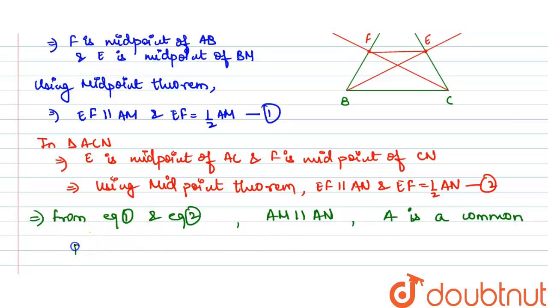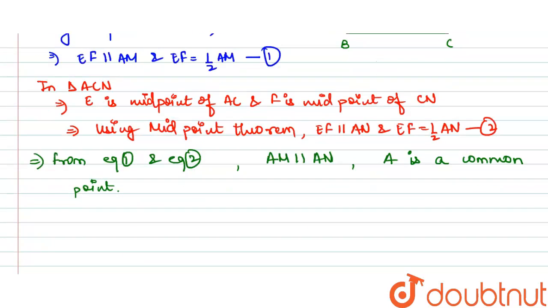Now this condition that two lines are parallel to each other and have a common point can only be satisfied when they lie on a straight line. That means all the 3 points lie on a straight line, so we can say that NAM is a straight line.